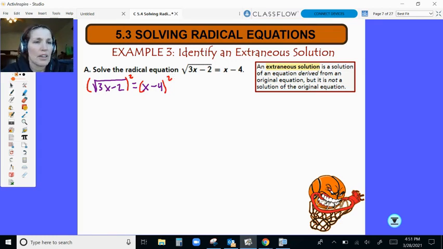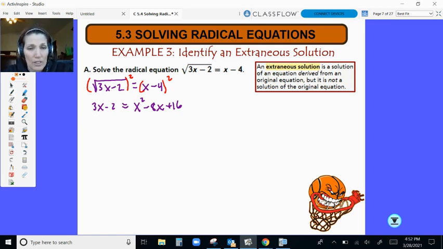But now I have x squared instead of just a single x value, so I have 3x minus 2 equals x squared minus 8x plus 16. If you remember that pattern, it's this term squared, 2 times 4 times x, and since it's negative 4x, it's negative 8x, and then negative 4 squared is 16.